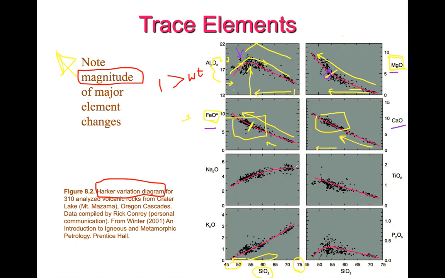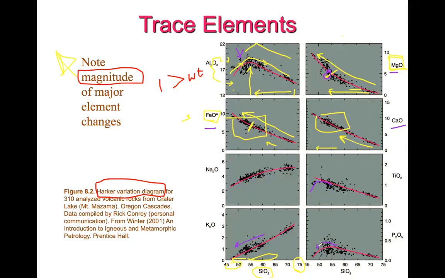You don't see that in iron, calcium, but for titanium you might see a little bit. Here you can see a slight variation, and for potassium you never see that, and phosphorus you can see that variation, right? So that's why we have to take into account multiple elemental data.